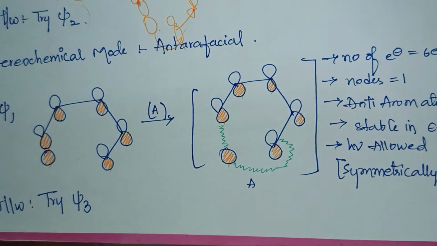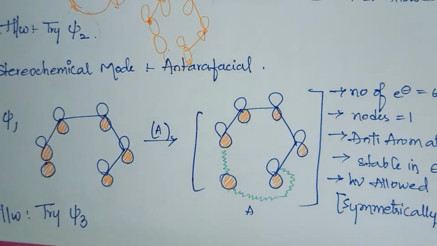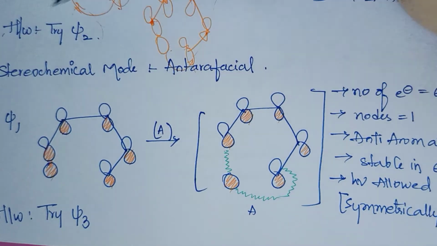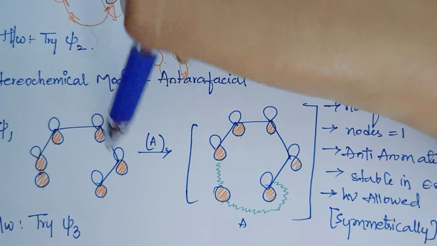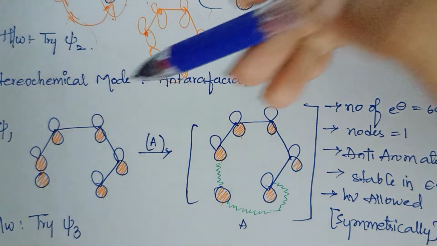Next, the stereochemical mode, if you see, here we will be having the stereochemical mode that is antarafacial. So when you take the antarafacial mode, again I have taken an example of xy1 only. In xy1 I have written the system with oxygen here. So now I am doing antarafacial, how the migration should take place.